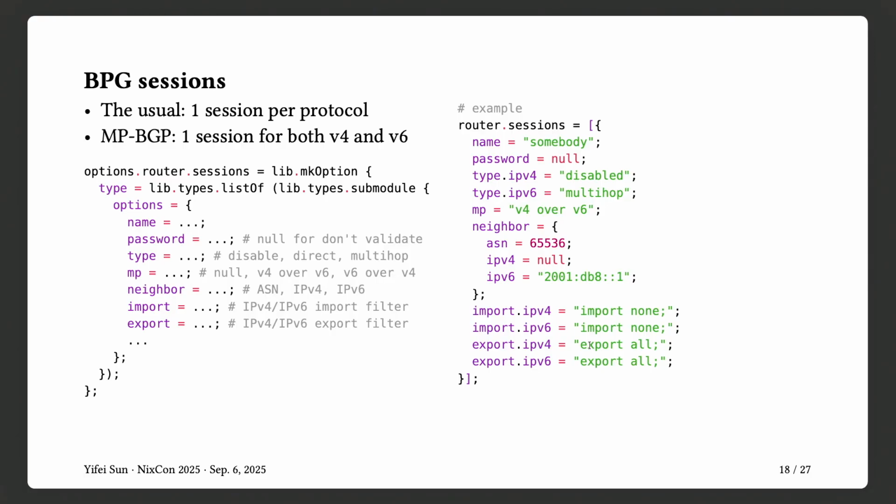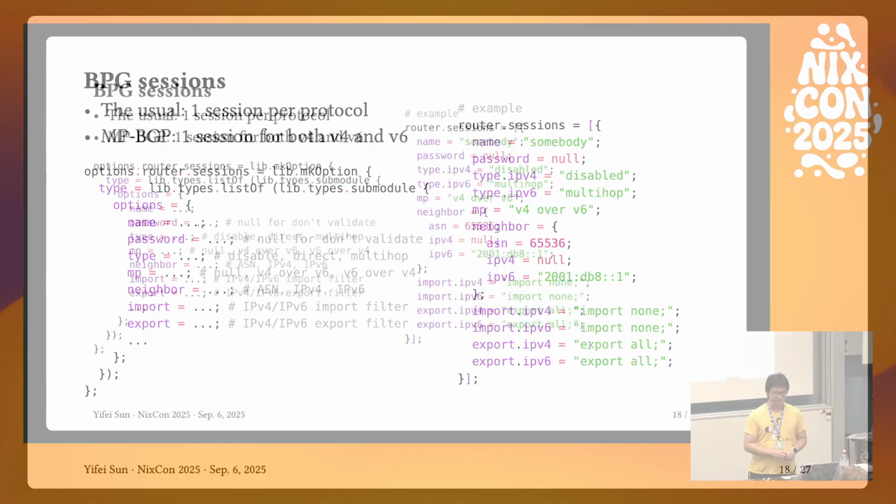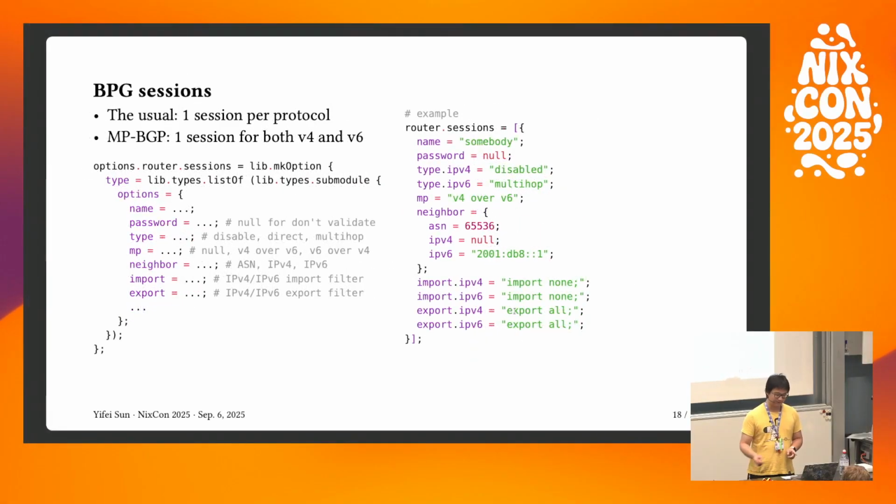And the multi-protocol extension can also be configured in here. You can expose your v6 routes over a v4 session, or a v4 routes over a v6 session. Both will work. And then the neighbor configuration, their ASNs and router IP addresses, and then your import and export policies.